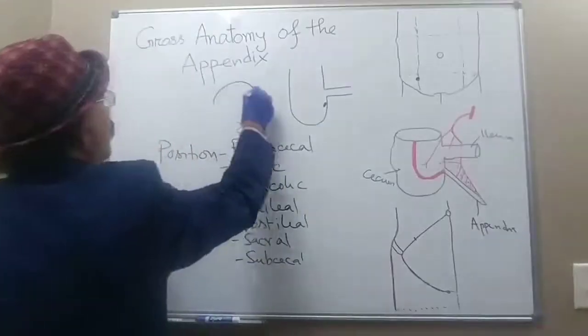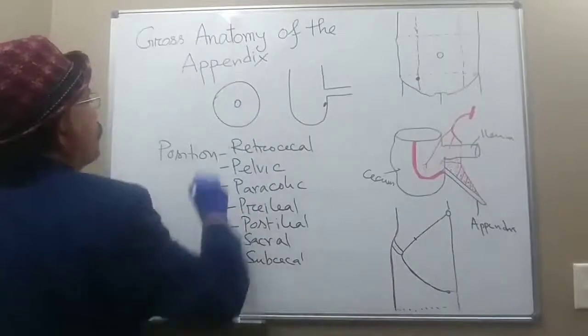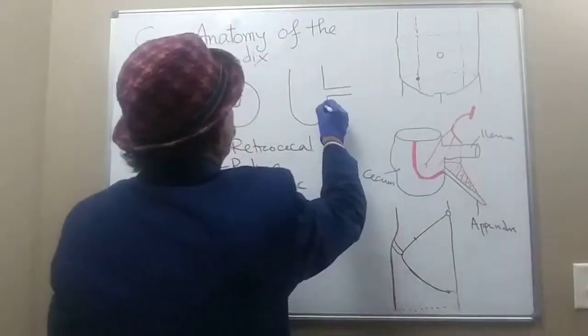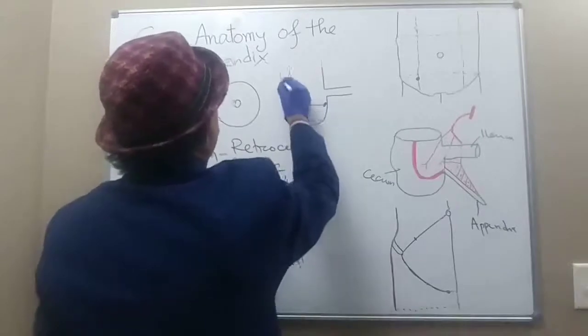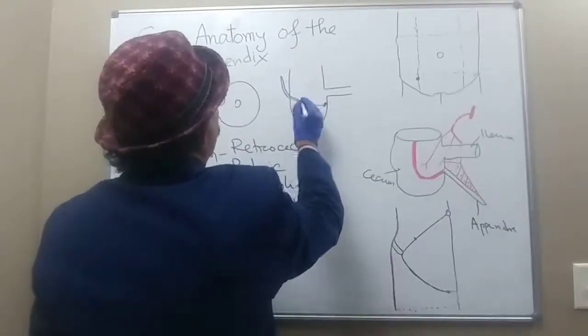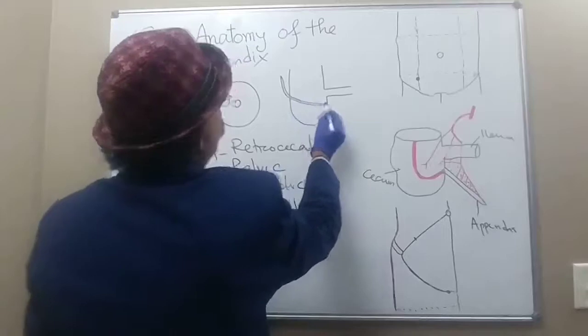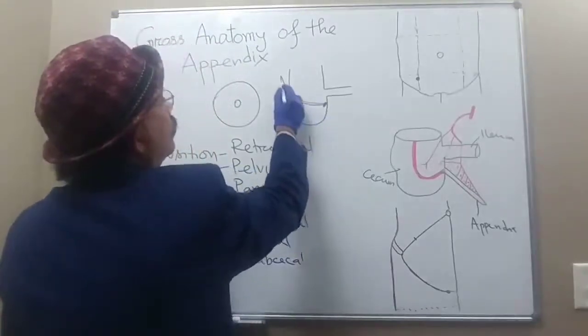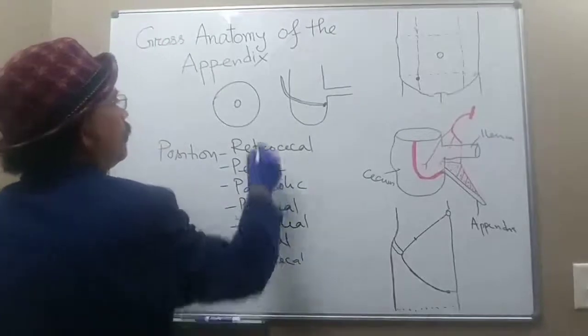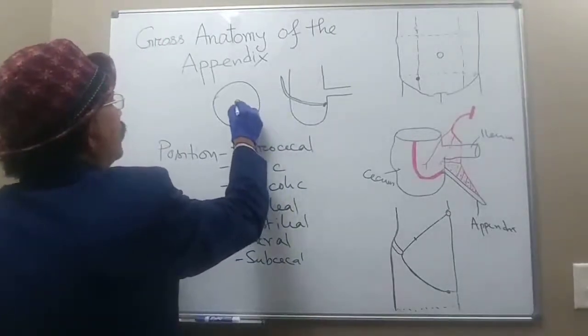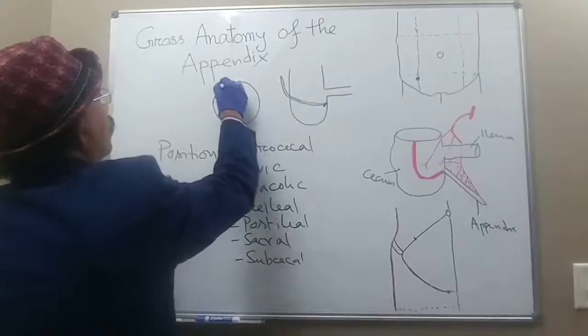Okay, like that of a clock here. If you look, this is the base, this is the body, this is the tip. This is the paracolic position, at 11 o'clock.